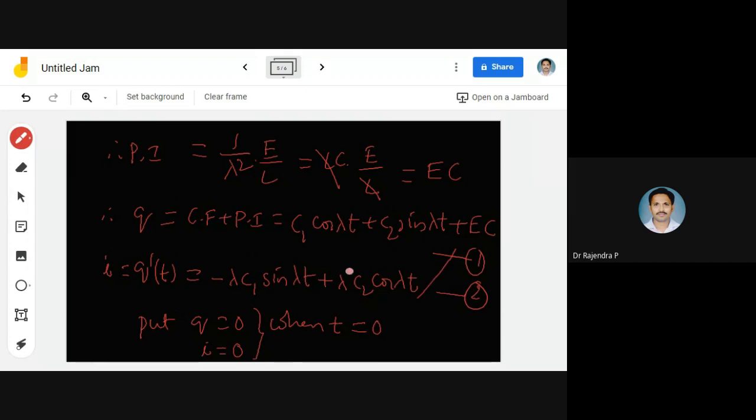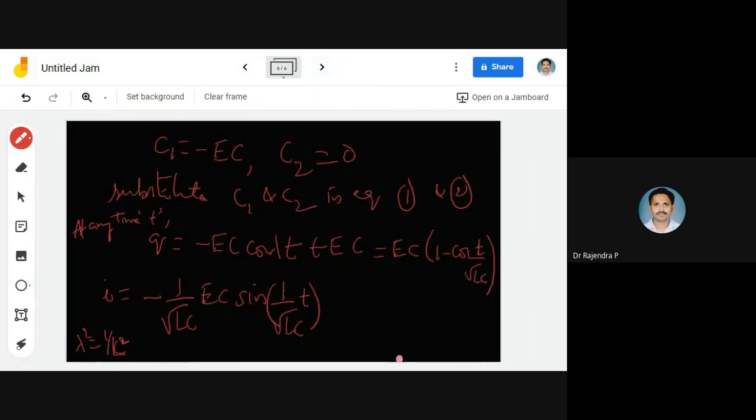This is 0, of course. And this value I substituted in place of C1, I substituted EC. And in place of lambda, 1 by root LC, I substituted, right? Yeah, correct. So it is nothing but, if you want, we can write it up as E by root C, we can cancel it.